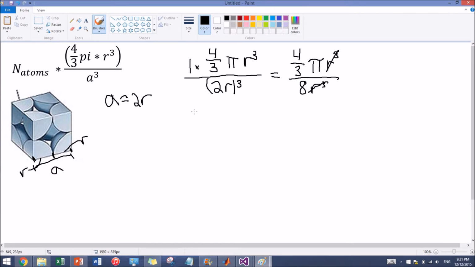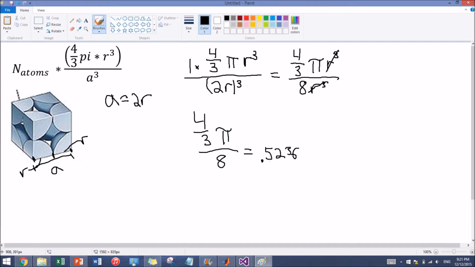So all that we're left with is 4 thirds pi on top over 8. And if we plug that into our calculator, we get a value of approximately 0.5236. Sorry for my little sloppy 3.